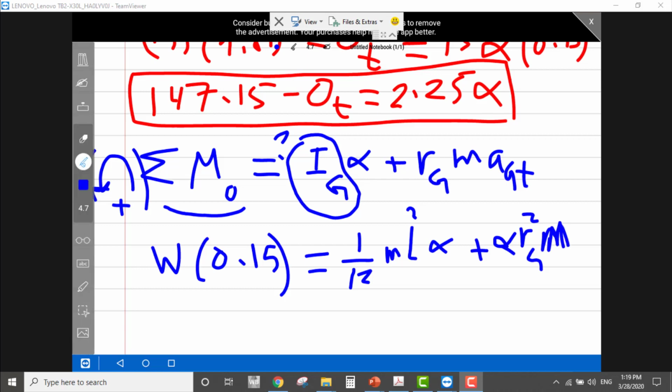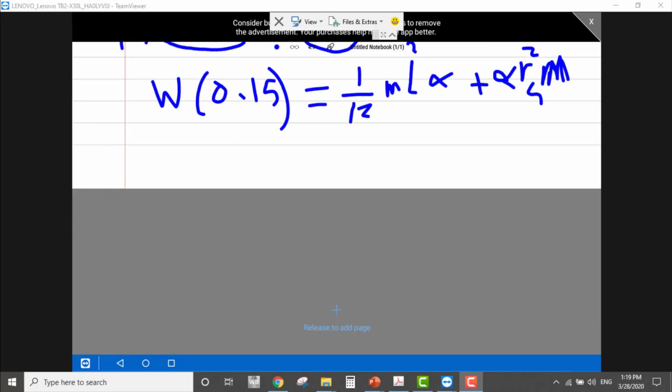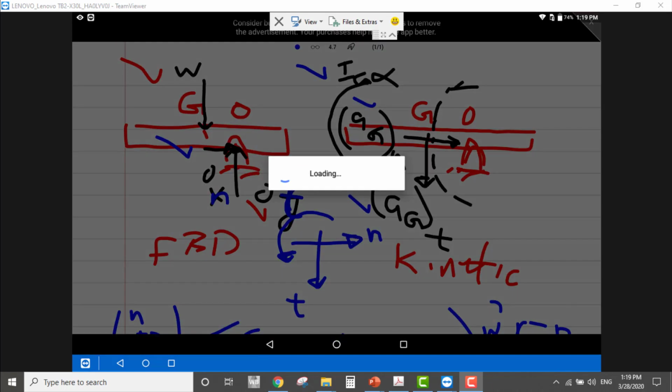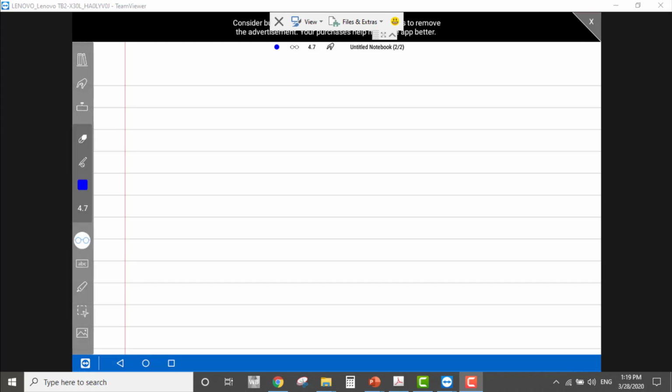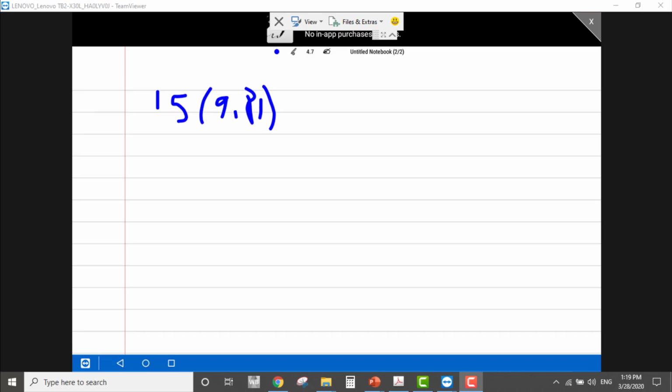So let me substitute the numbers. We have W, which is 15 multiplied by 9.81, multiplied by the distance, which was 0.15.